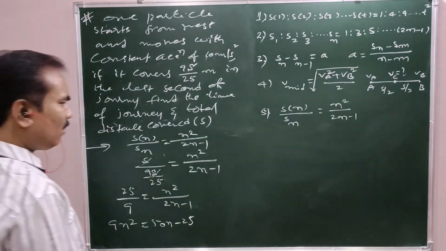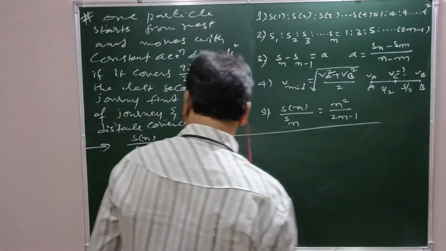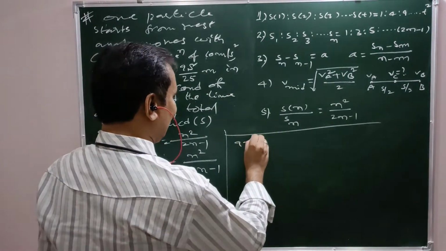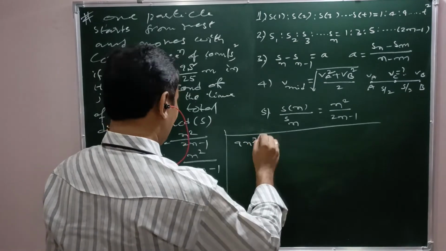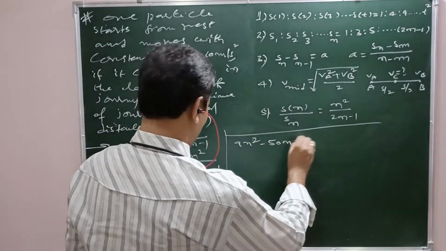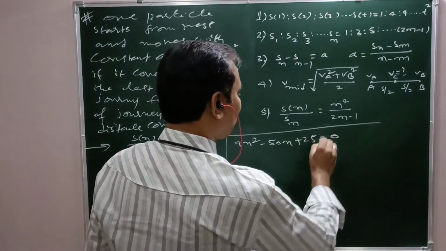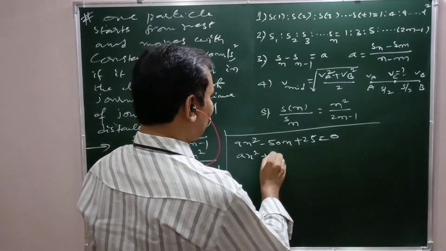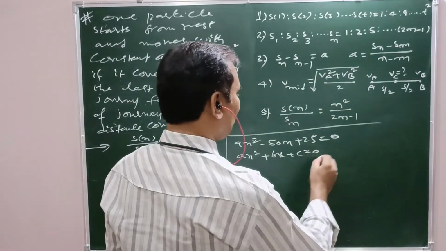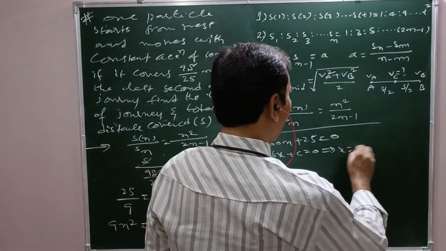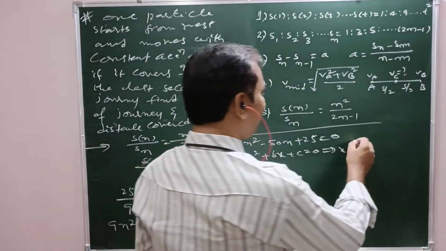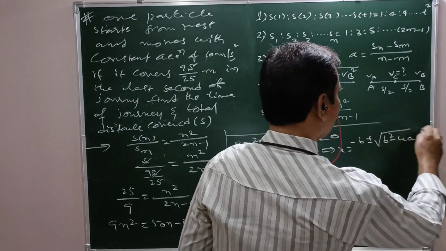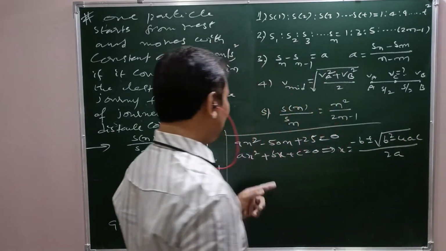What is the final solution here? 9n square minus 50n plus 25 equals 0. You compare with ax square plus bx plus c equals 0, which implies x equals minus b plus or minus root over b square minus 4ac by 2a, right?